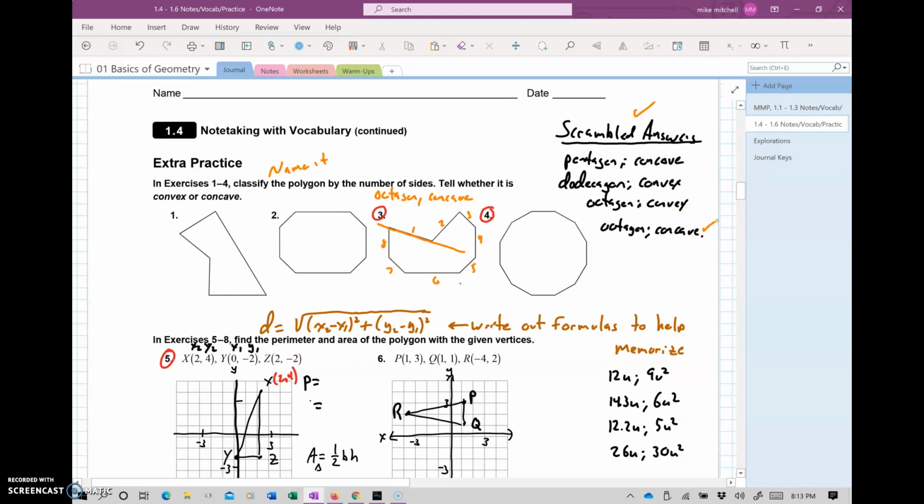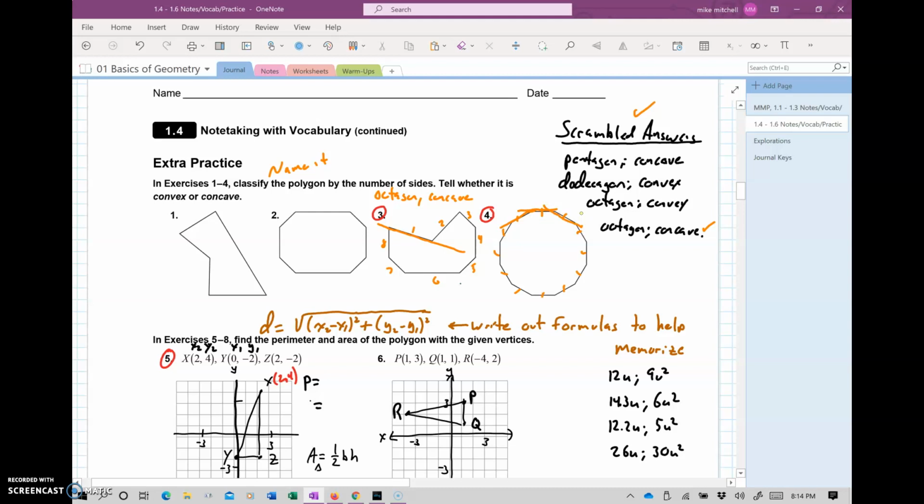Number 4, same sort of thing. This is a special polygon called a regular polygon: all the sides and angles are congruent. Definitely looks convex to me. 1, 2, 3, 4, 5, 6, 7, 8, 9, 10, 11, 12. You can see none of these sides cross in there. So we got 12 sides.